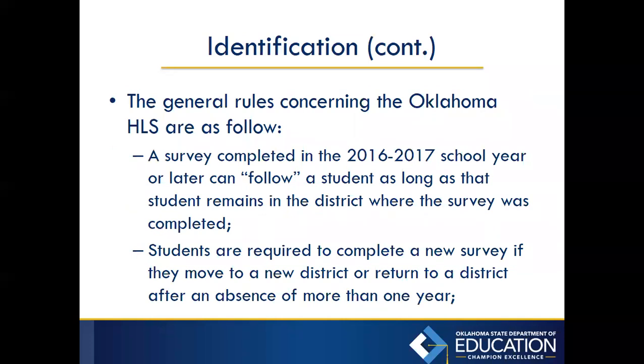I know a lot of districts do a new home language survey every year with enrollment. That's okay too, but if you want to just keep the same one with the student as long as they're in the district, that's okay. You are required, on the other hand, to complete a new survey if the student moves to a new district or if they return to a district after an absence of more than a year.